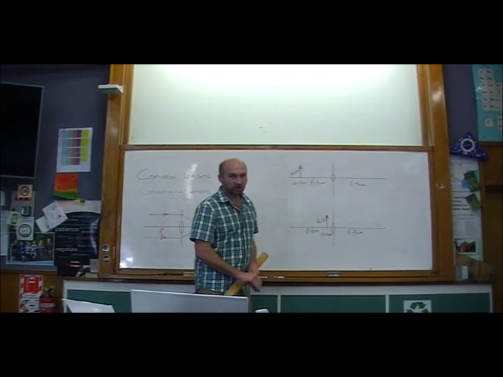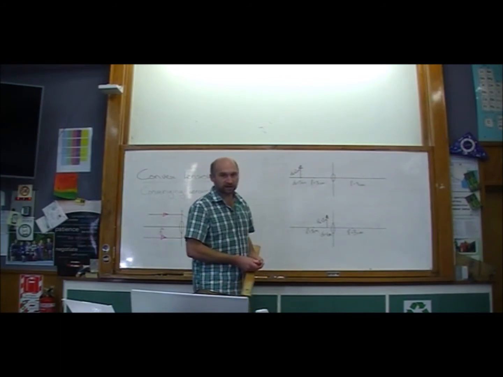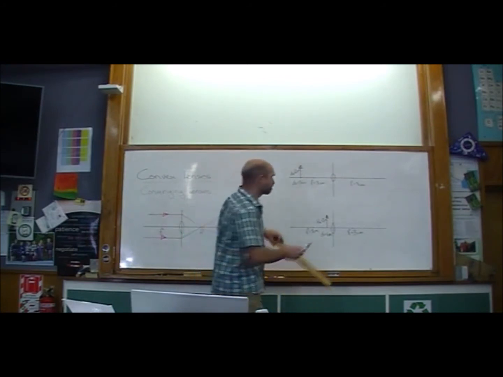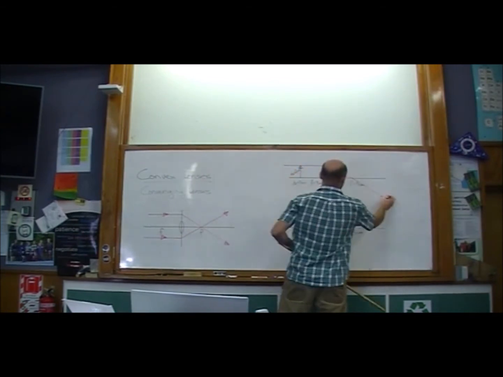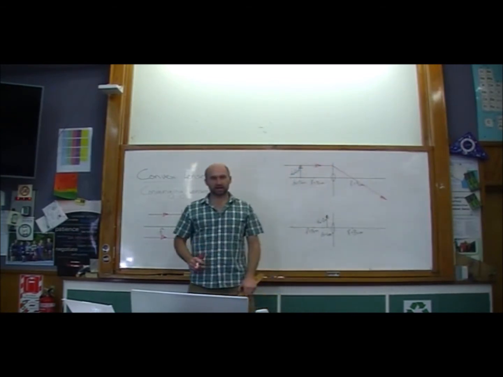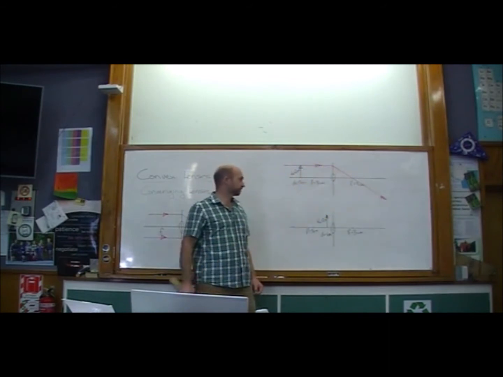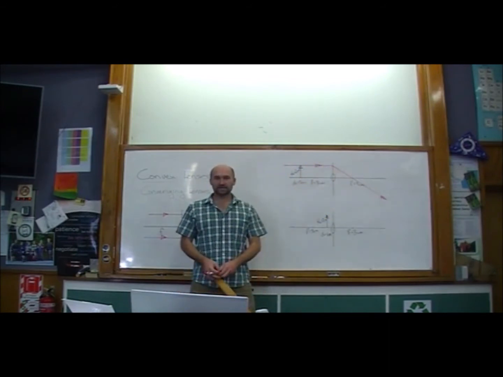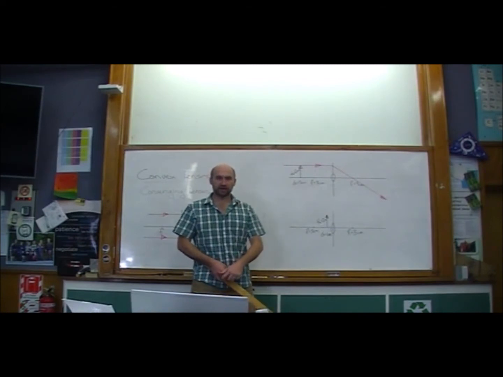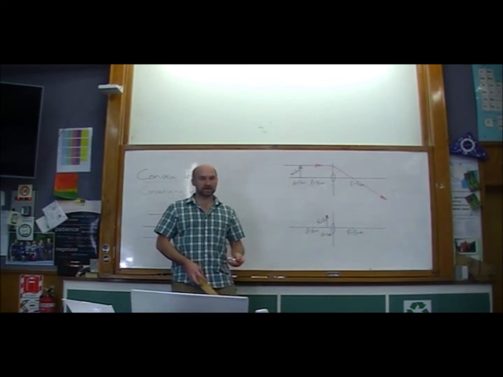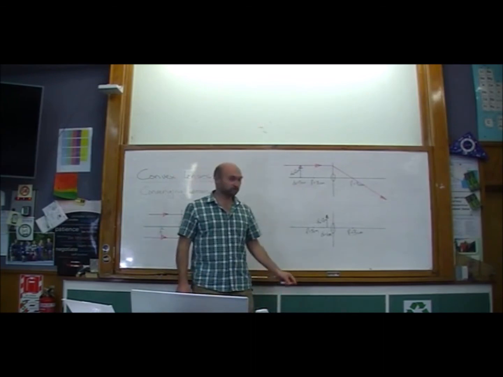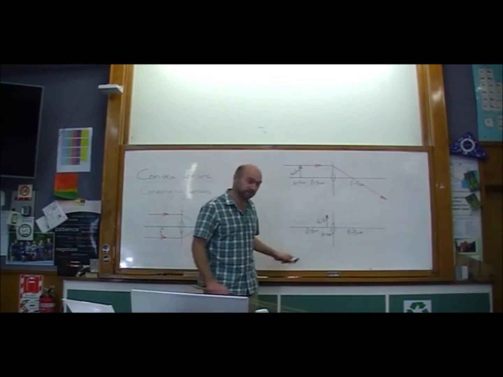Here we go. On the first one, in parallel, out through focus, making sure that we always put an arrow onto each of our rays. Second rule is just the reverse. In through focus, out parallel, and we need to make sure that we use that second focal point that we haven't already used.